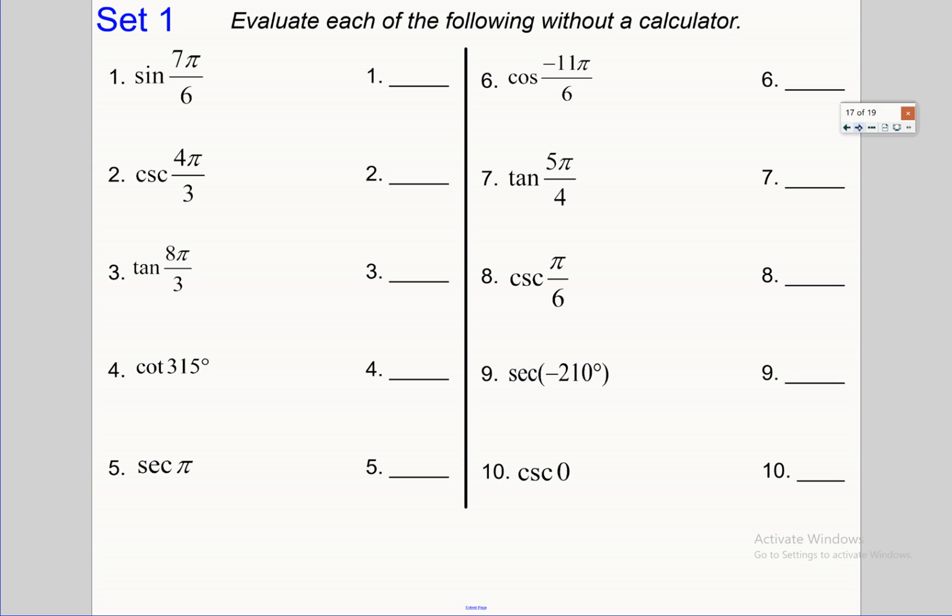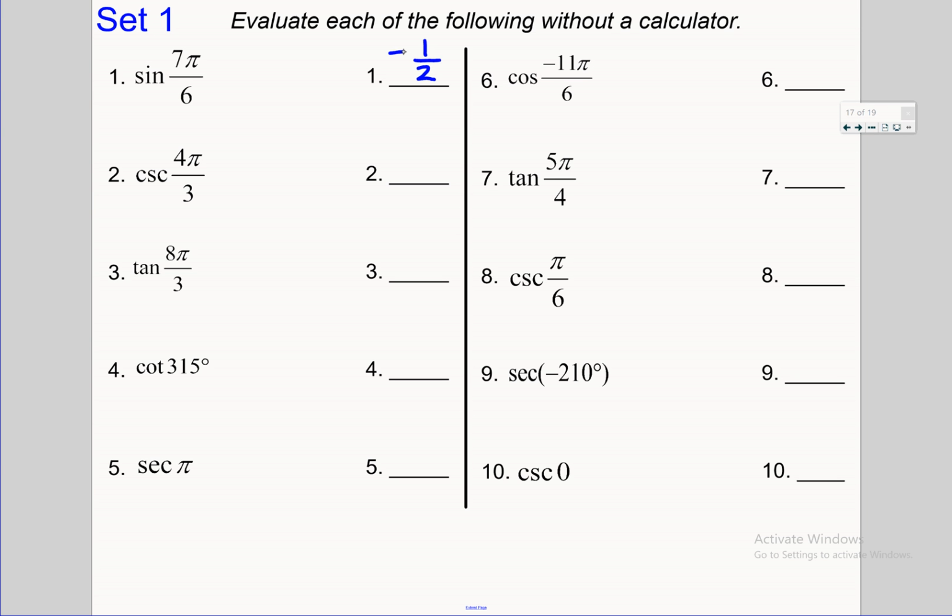My point at 30 degrees is rad 3 over 2, 1/2. Sine is which coordinate, x or y? Sine is y. The y coordinate is 1/2. The only difference is I'm in quadrant 3. So if I'm in quadrant 3, would a y coordinate be positive or negative? It would be negative. Negative 1/2 is your answer.